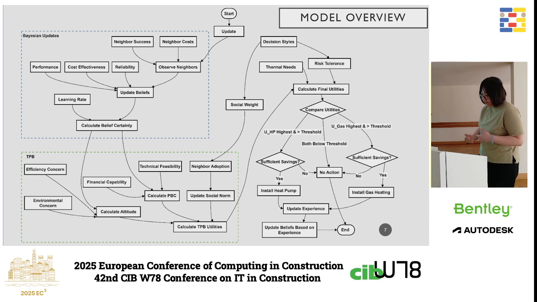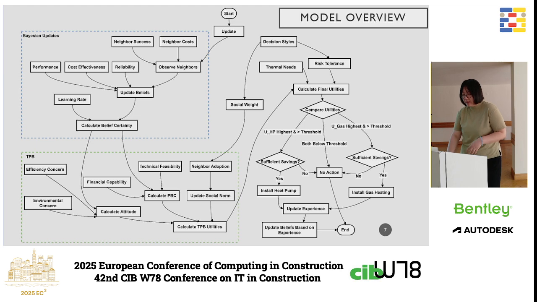Next, those beliefs feed the theory of planned behavior, which is our decision-making behavioral submodel, giving each technology a utility score, which is in the green frame. Then a style-specific rule translates this score into a yes or no final decision. The household either switches their technology choice or stays unchanged, then moves into the next loop until it reaches 15 years.